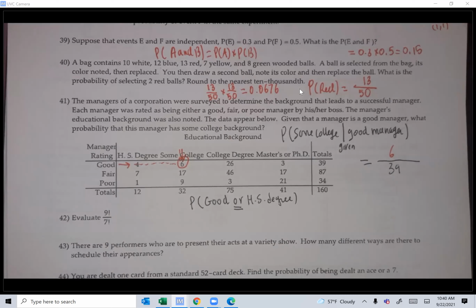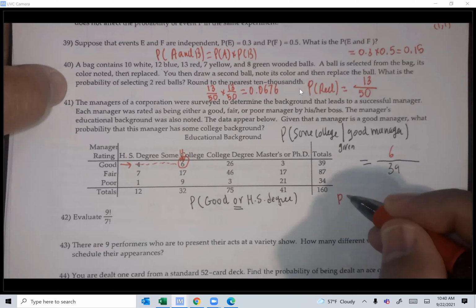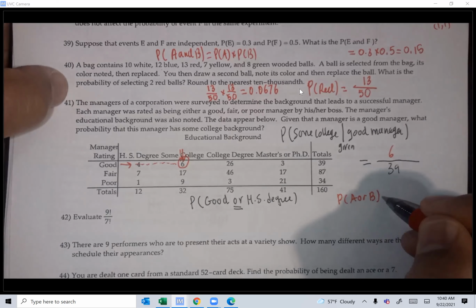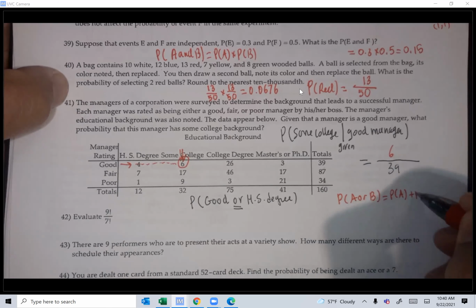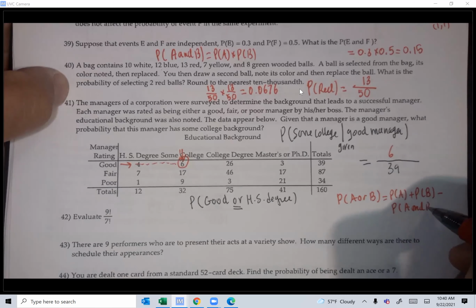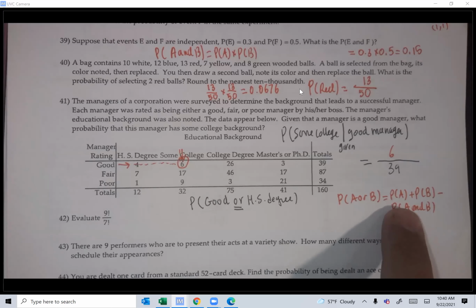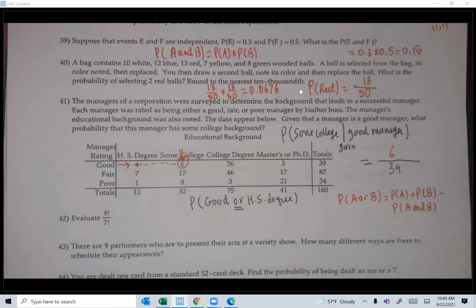Before I do that, let me tell you the definition we put for probability of A or B. We say it's the probability of A plus the probability of B minus the probability of A and B. And as I said on Monday, guys, if you'd like to have some written notes by hand, that would be allowed on the test. So I'm going to allow you to do that. So for example, if you want to write this formula, that's fine. Although I will provide a formula sheet, so you'll have all the formulas.